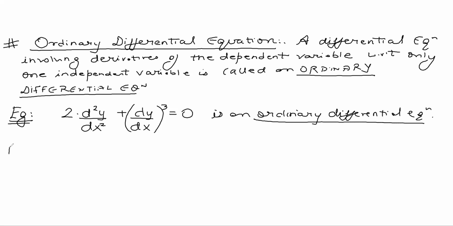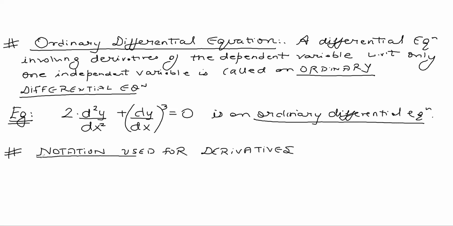Then all students should be familiar with the notations which we will be continuously using for derivatives. So let's write the notation used for derivatives. When we are studying differential equations, for higher order derivatives, writing d square y by dx square, d cube y by dx cube becomes a bit complex.